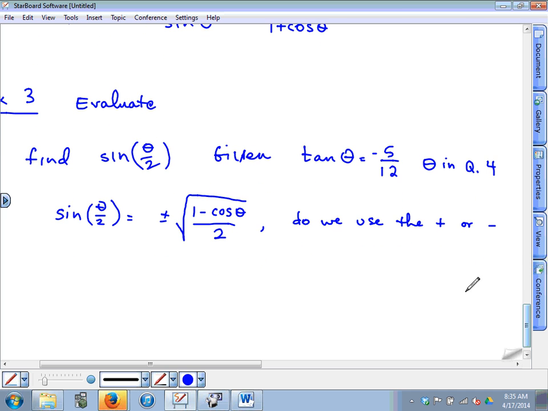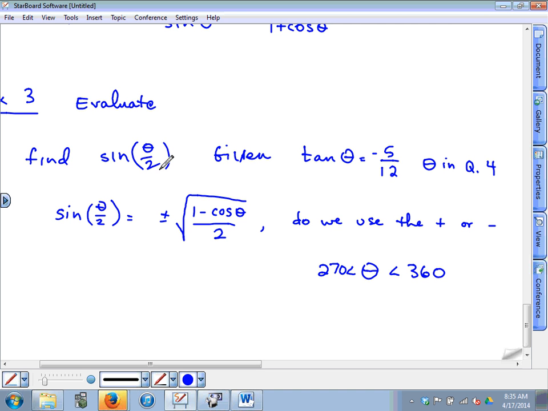Here's what you need to do. If theta is in quadrant 4, that means it's less than 360, but it's greater than what? 270, right? That's where theta is. Do you guys agree with that statement?